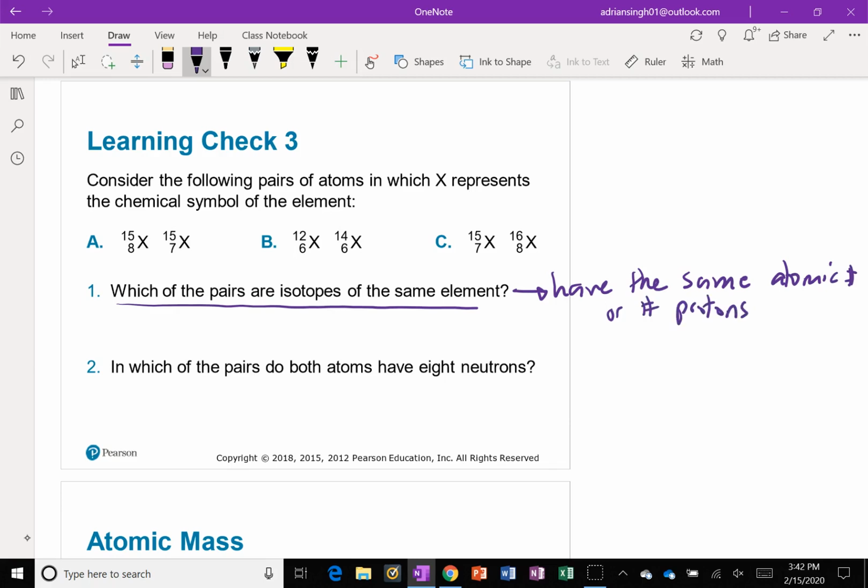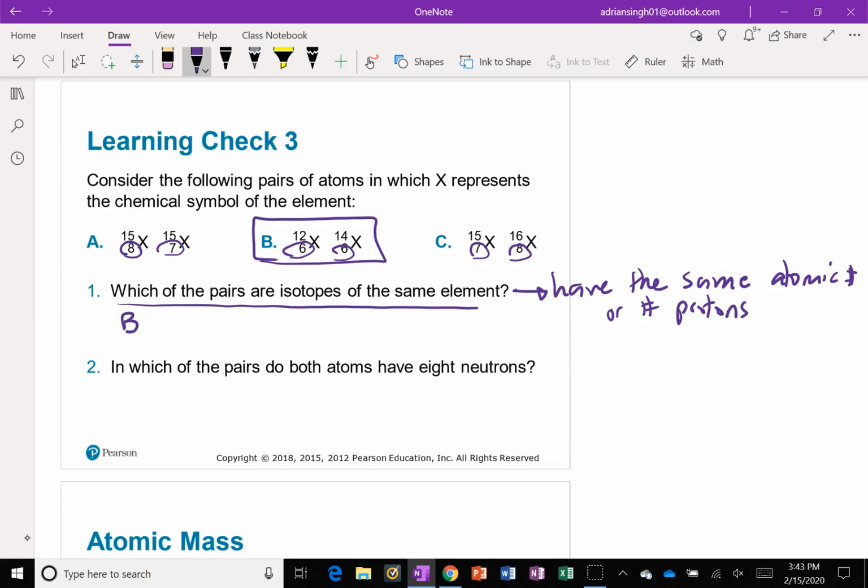And in our nuclear symbol, that is represented by the subscript over here. So that's what we're going to look at to compare these, to see which pair has the same number of protons, and obviously that is going to be B, right? Because they both have 6 protons in this case. Their atomic number is 6.